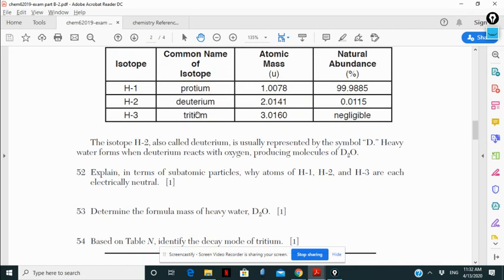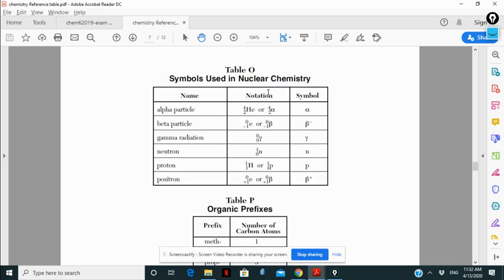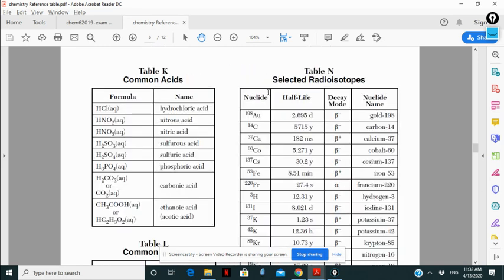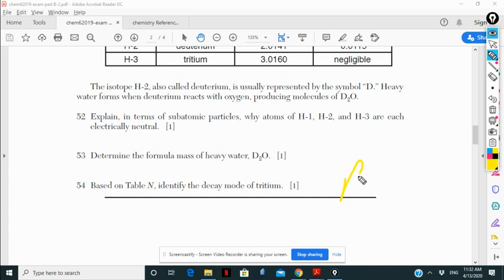Tritium is a hydrogen. So I'm looking for the hydrogen, hydrogen H-3 over there. Hydrogen-3, it's beta minus. So it's beta decay because of tritium here.